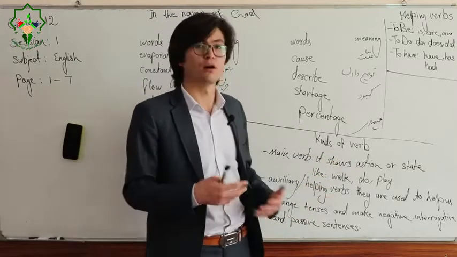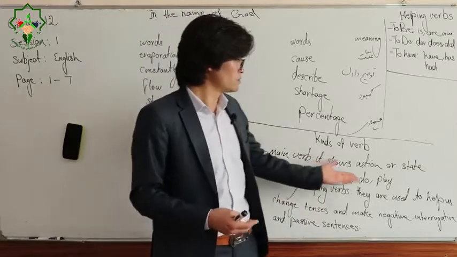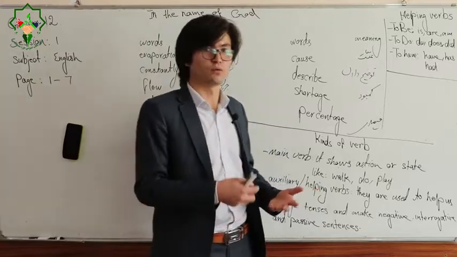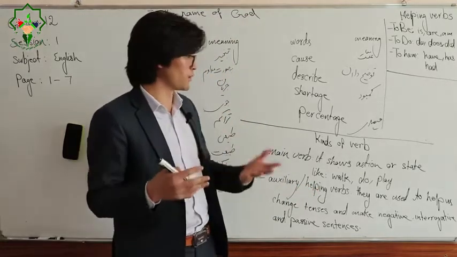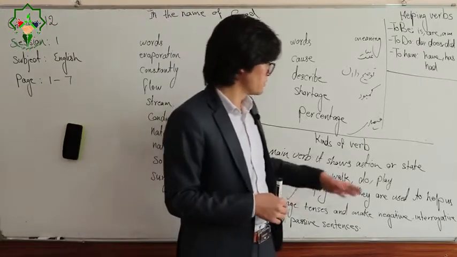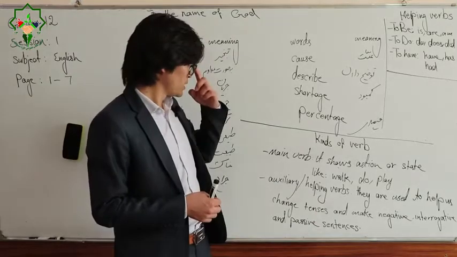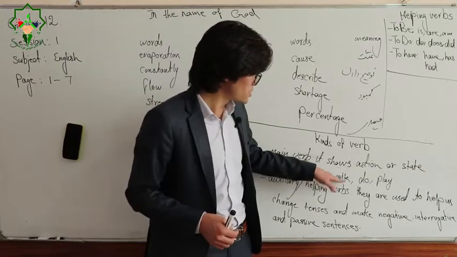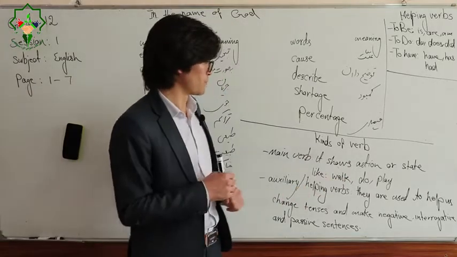For example, walk, it is a kind of action. And also do, when you do something, when you write, all of them are doing, a kind of action. Play is also a kind of activity. This kind of word that shows action is called a verb.